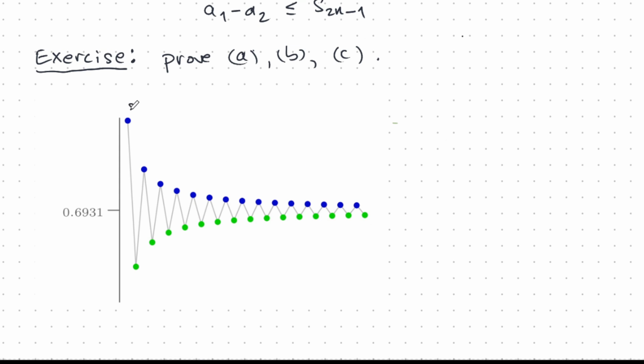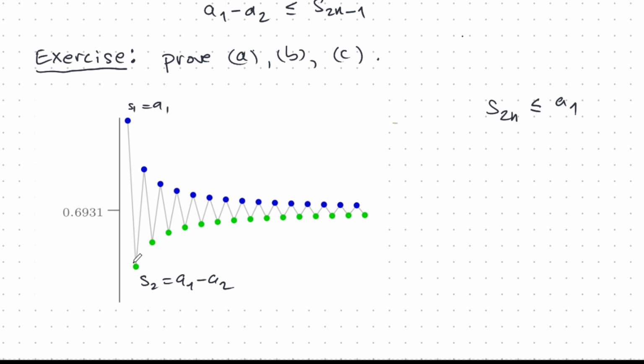So this is S1, and S1 is A1, and S2 is A1 minus A2. It's obvious from this picture, although it's not a proof, that you could just visualize it. We proved the following things from before: this is smaller than or equal to A1.